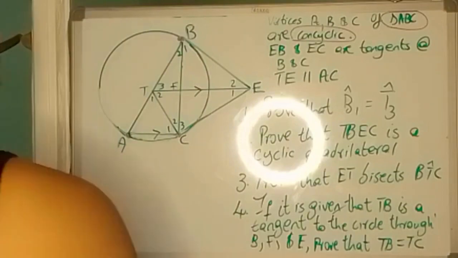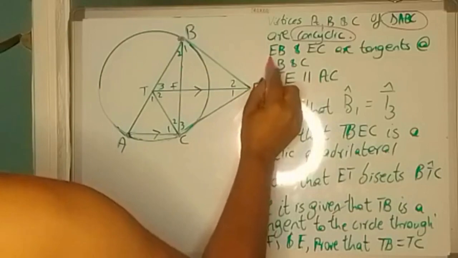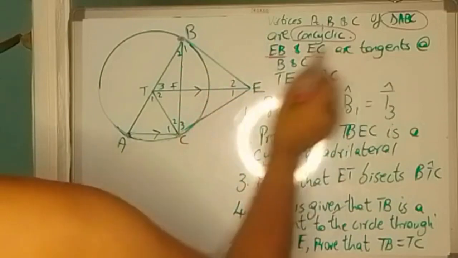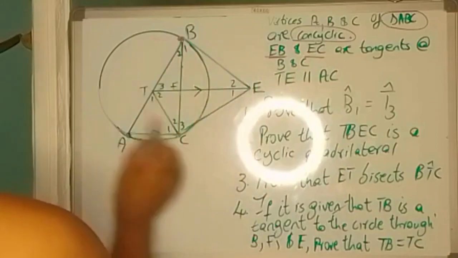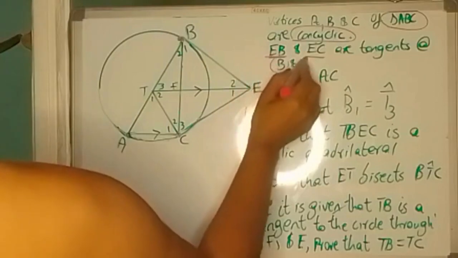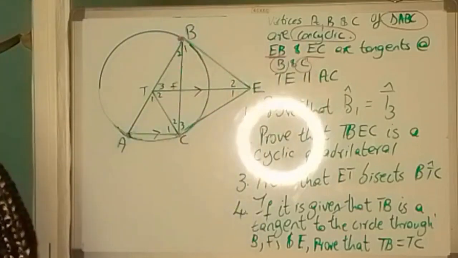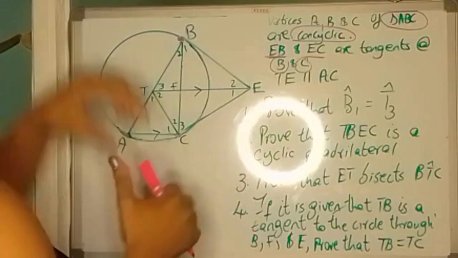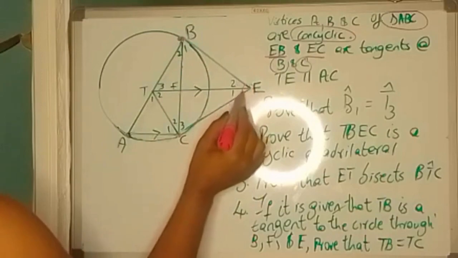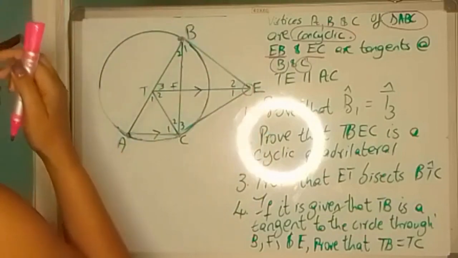All right, more information. We are also told that EB and EC are tangent at B and C respectively. If you remember, we do have such a theorem. There is a theorem that says if two tangents are from the same point, then they are equal.